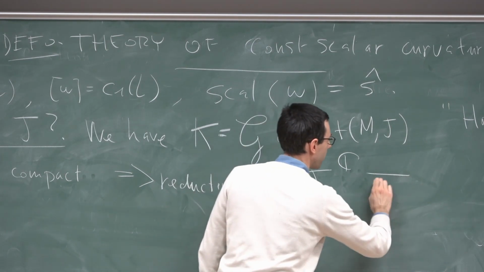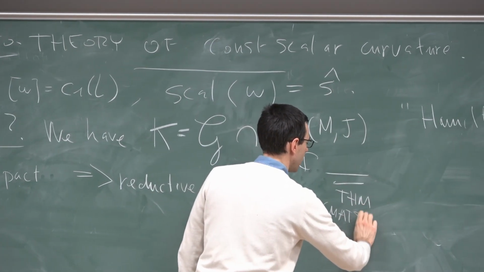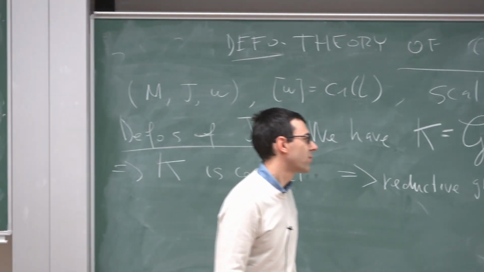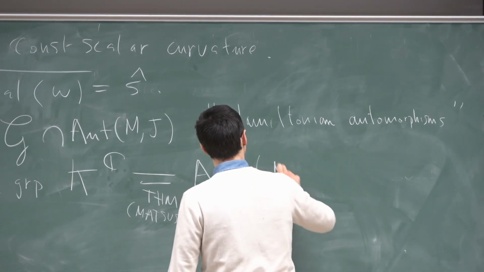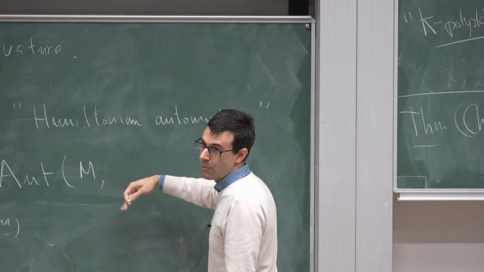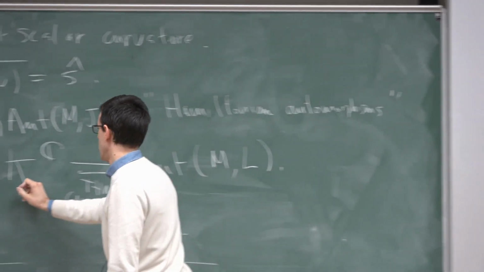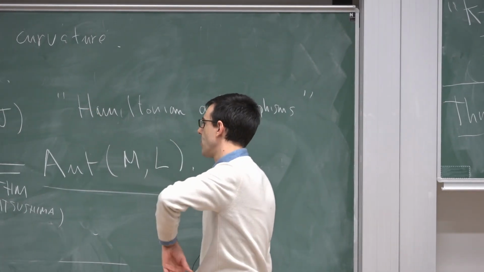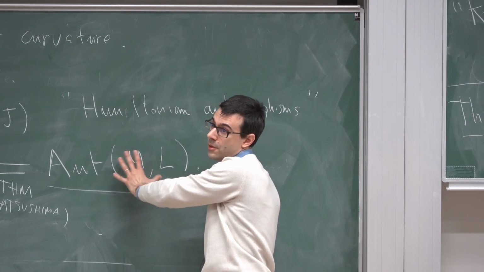And by a theorem due to Matsushima, this is not just any group, it's actually the group of automorphisms of M as a complex manifold that lift to L, and you fix a lift to L. So this shows that for this class of manifolds which are stable, this automorphism group is actually reductive, which is not true in general.